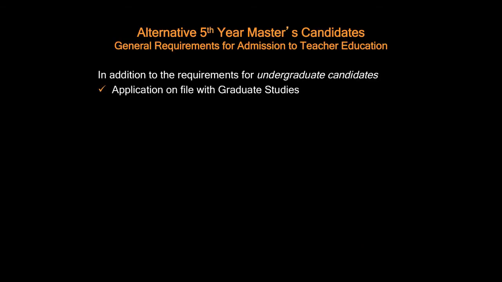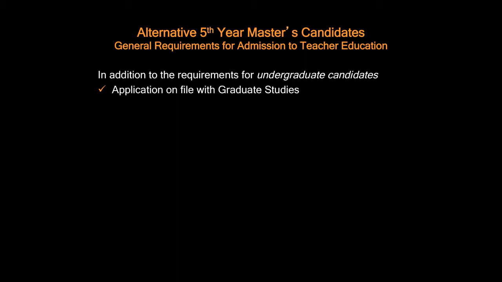In addition, you fifth-year alternative students will have additional requirements. Our fifth-year candidates are candidates who already have an undergraduate degree and are coming back to get a teacher certification.